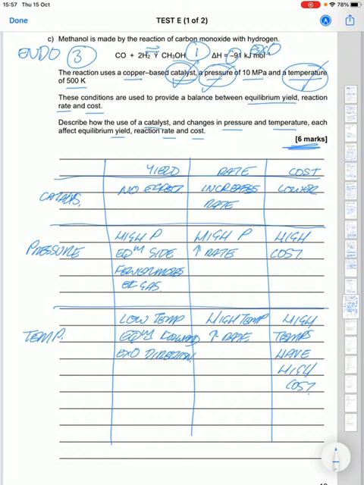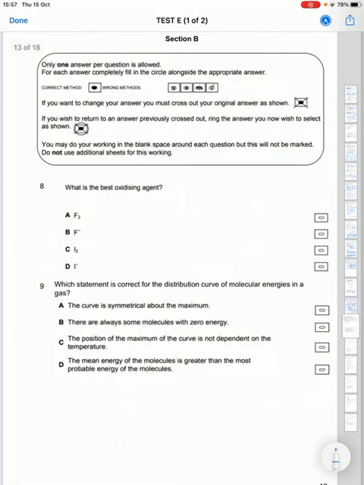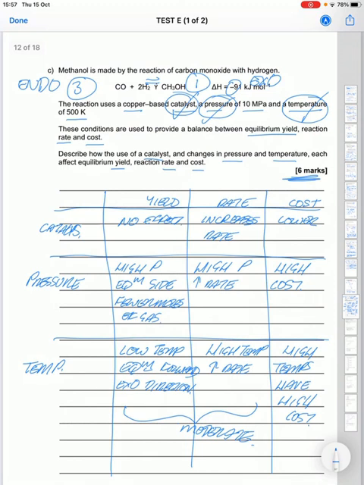So the moderate temperature, 500 Kelvin, is certainly moderate there. Okay, and that's probably got all 6 of the marks there, 2 for each basically: pressure, catalyst and temperature. Okay, and that is that.